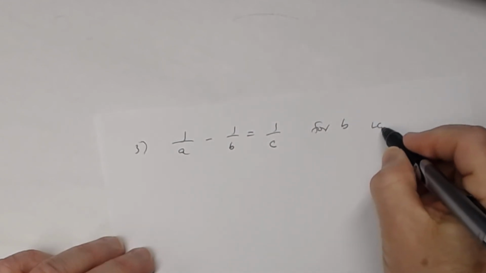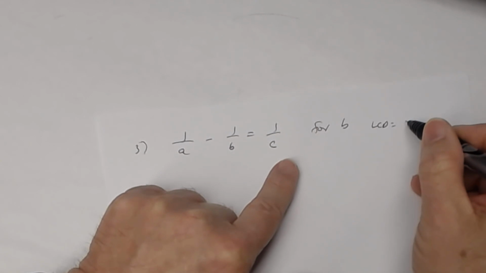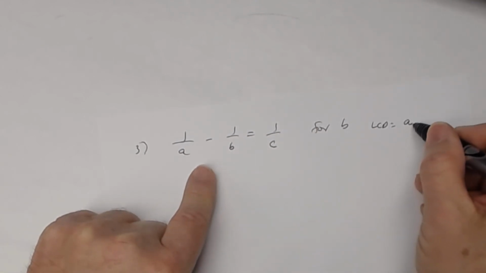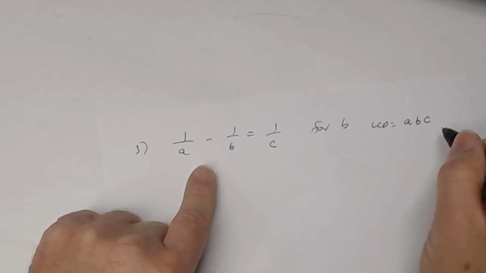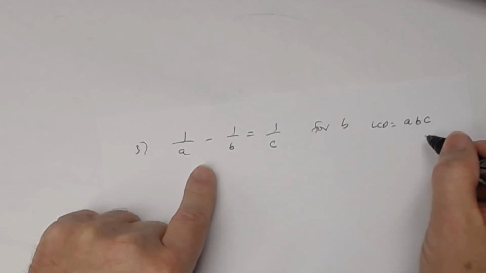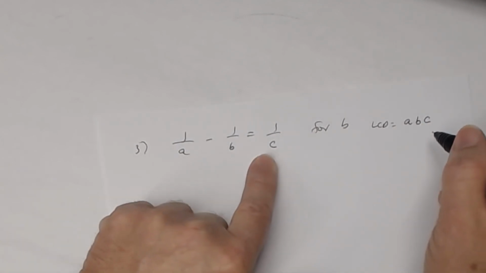So when you find your least common denominator, every factor you see has to be there. Remember, the least common denominator is a product of all those factors. So you have to say a times b times c. All this has to be multiplication, not addition, not commas, multiplication.